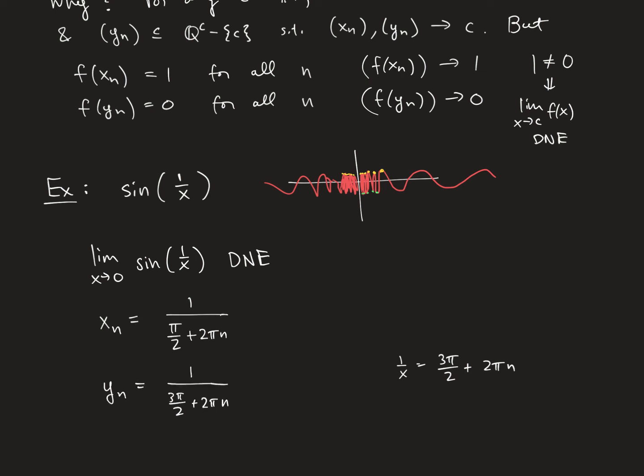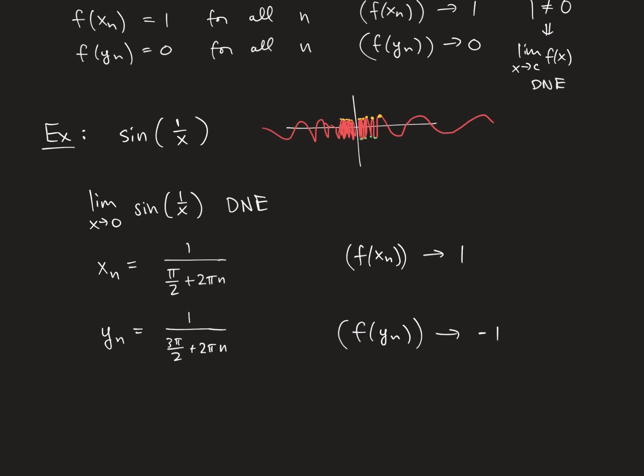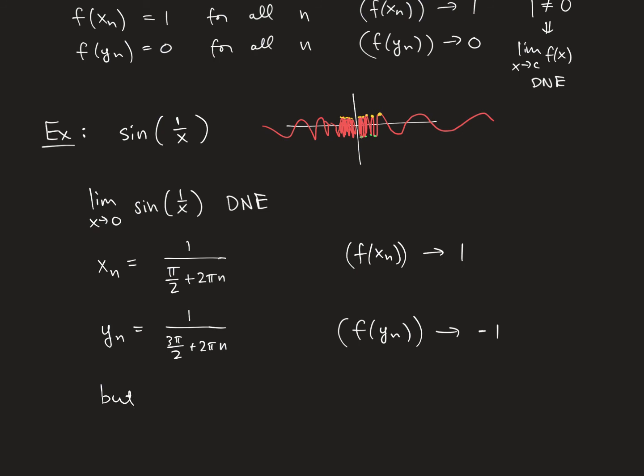Then, by construction, we have f of xn goes to 1, f of yn goes to negative 1, but of course xn and yn go to 0. It's easy to establish that they go to 0, so this would just be an easy check.